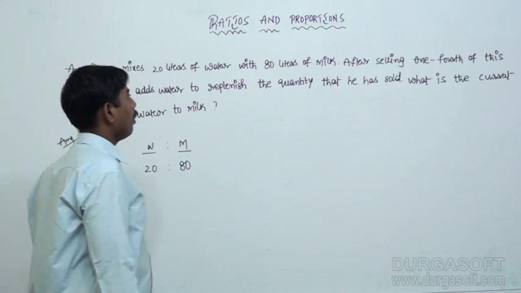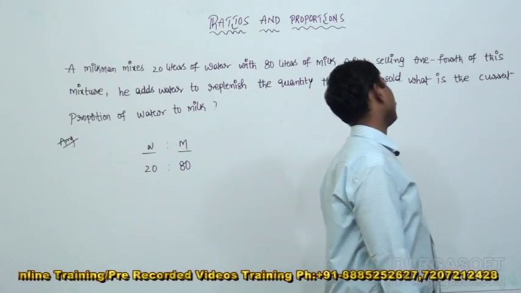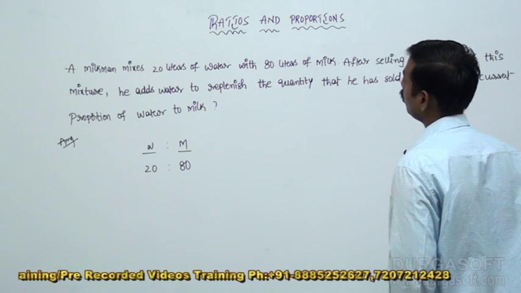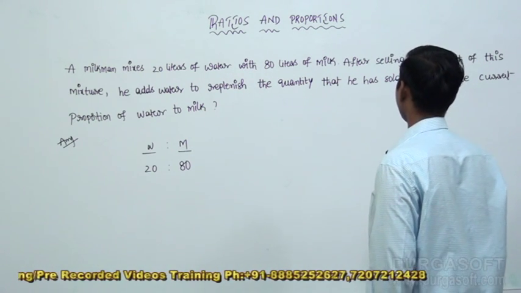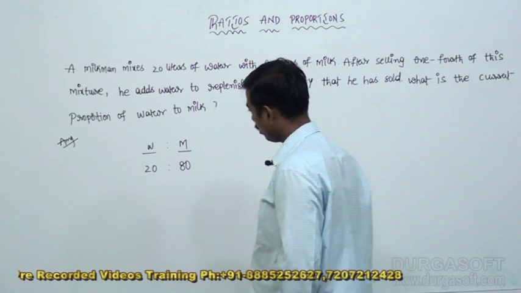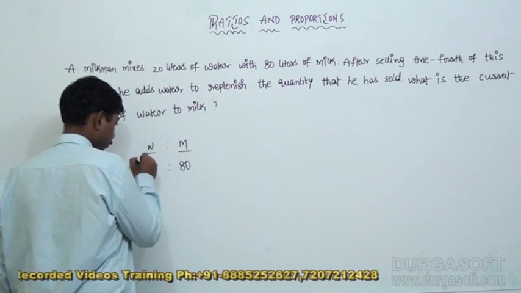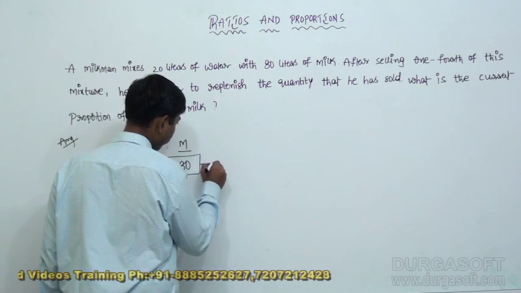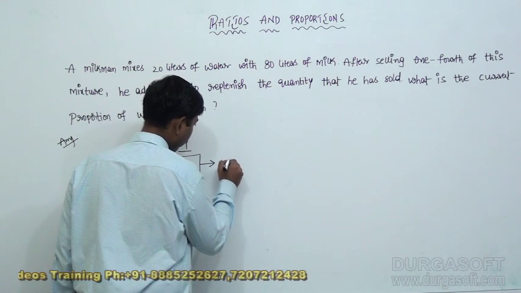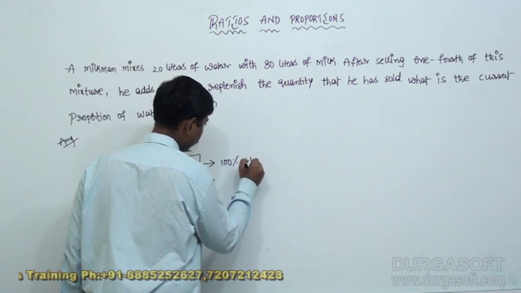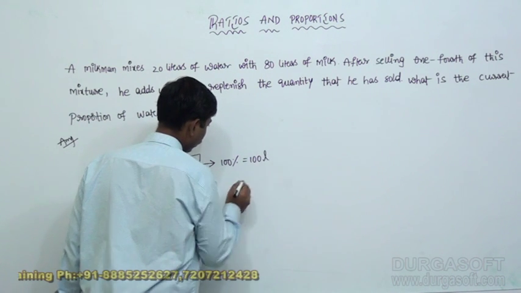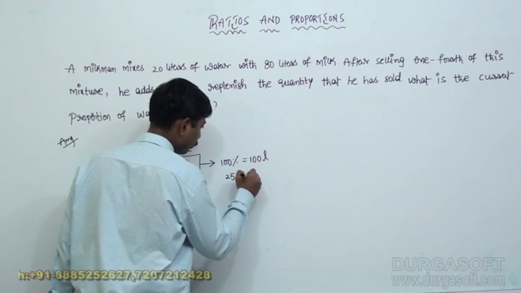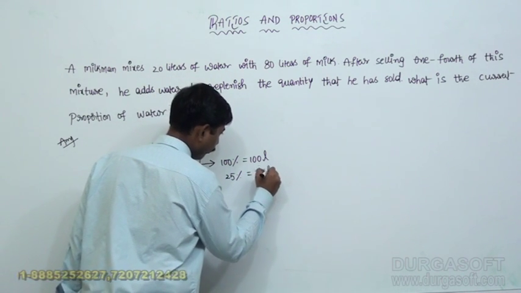After selling 1/4 of this mixture, he adds water to replenish the quantity that he has sold. 1/4 means total how much here? 100 liters. 100% of the mixture is equal to 100 liters. 1/4 is 25%, which equals 25 liters.